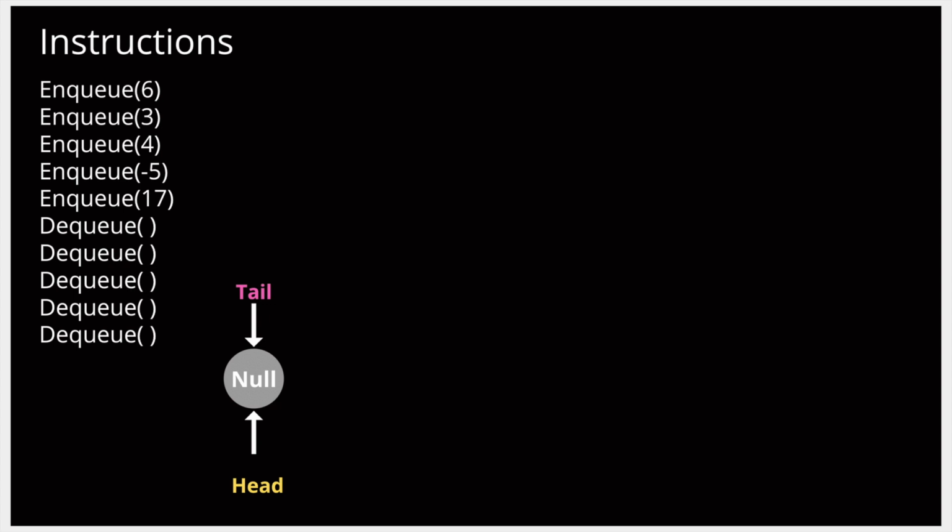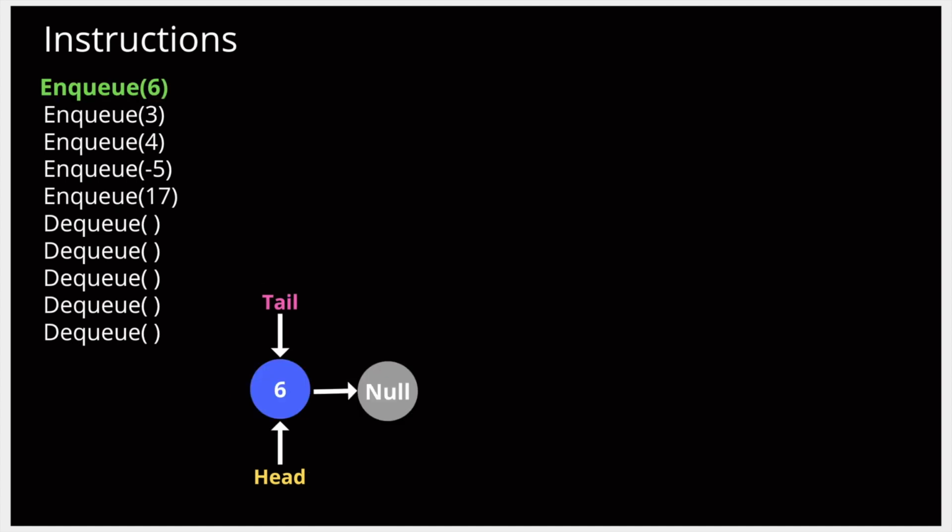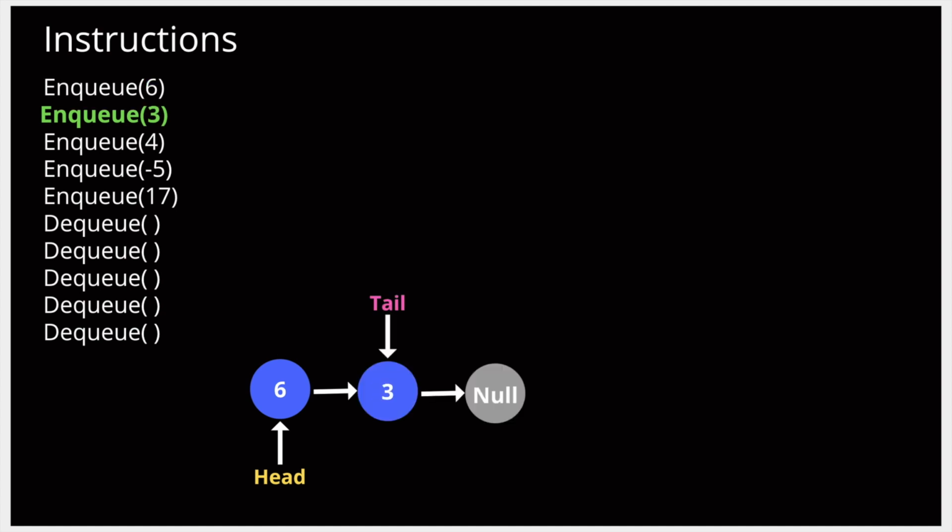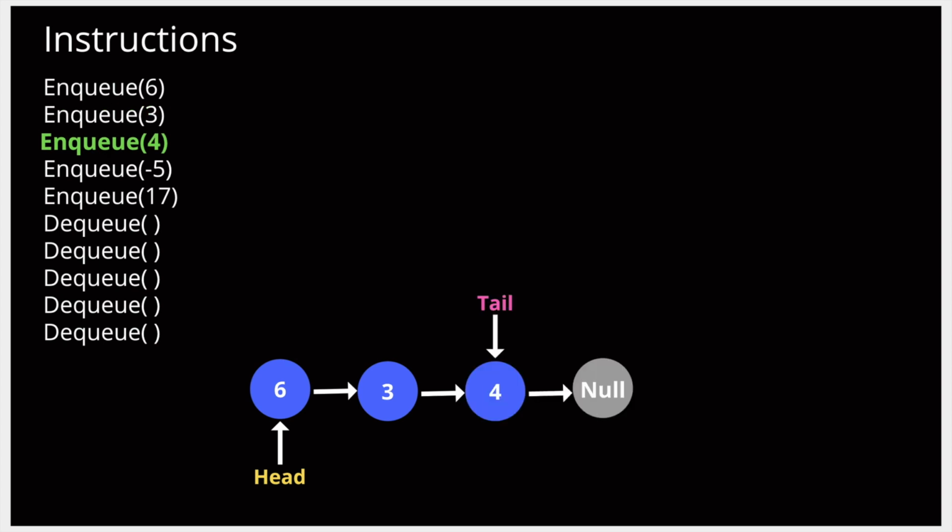Now we're going to enqueue 6. When we enqueue 6, the tail and the head point to 6 because 6 is the first element in the singly linked list. Now we're going to enqueue 3. So we've added 3 to the linked list. Then we're going to enqueue 4.